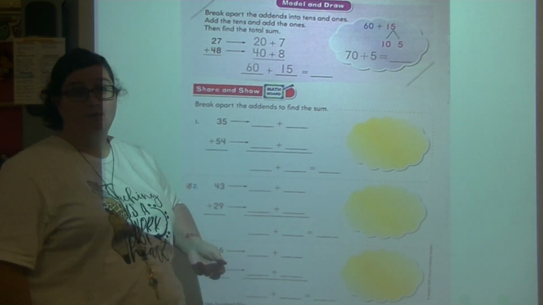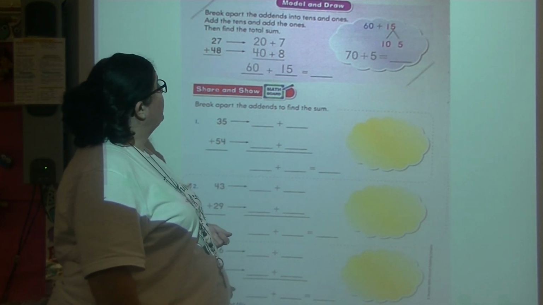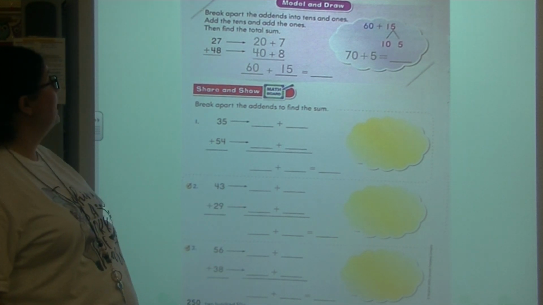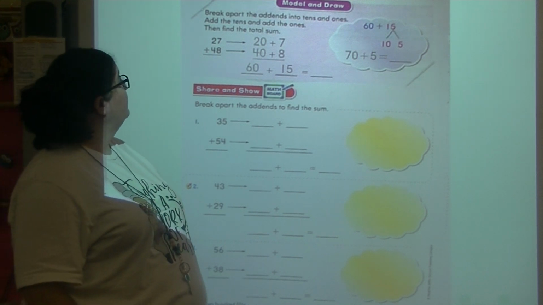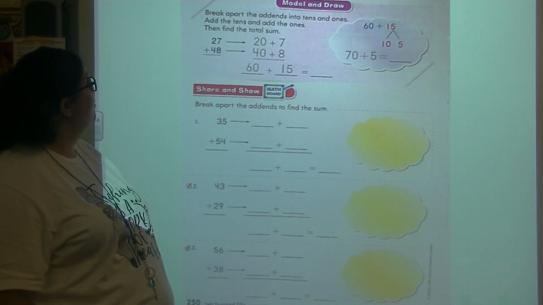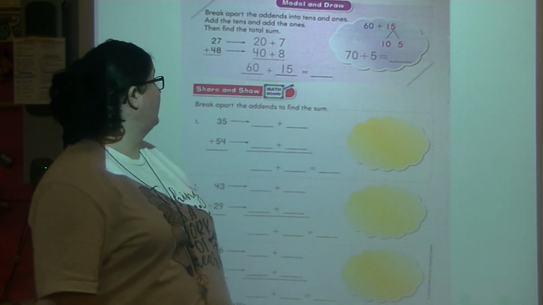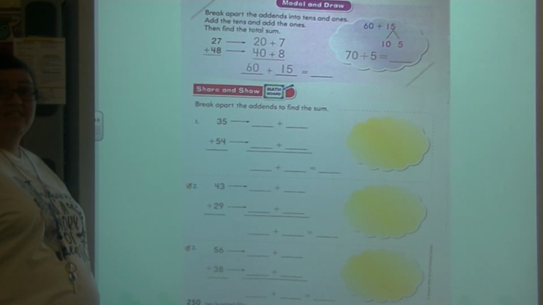Add-ins are just the numbers you're adding together. Break apart the add-ins into tens and ones. Add the tens and add the ones. Then find the total sum. Means your total answer.